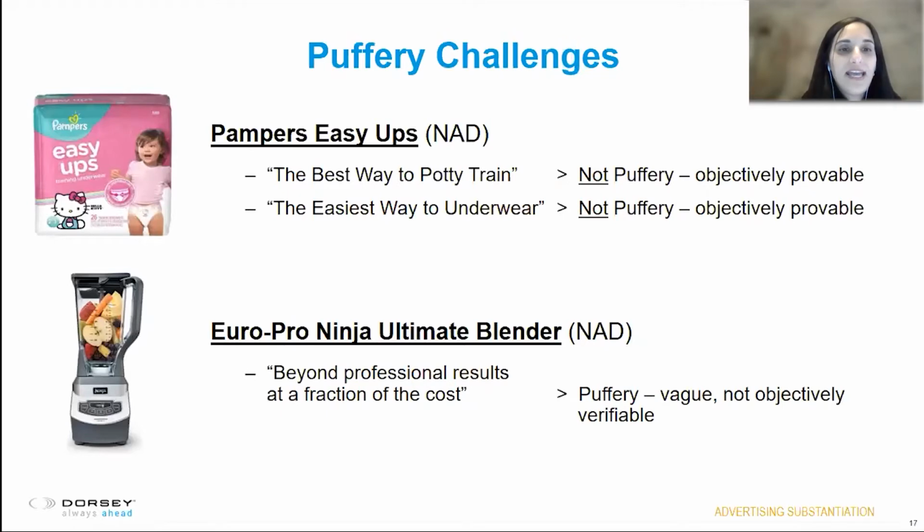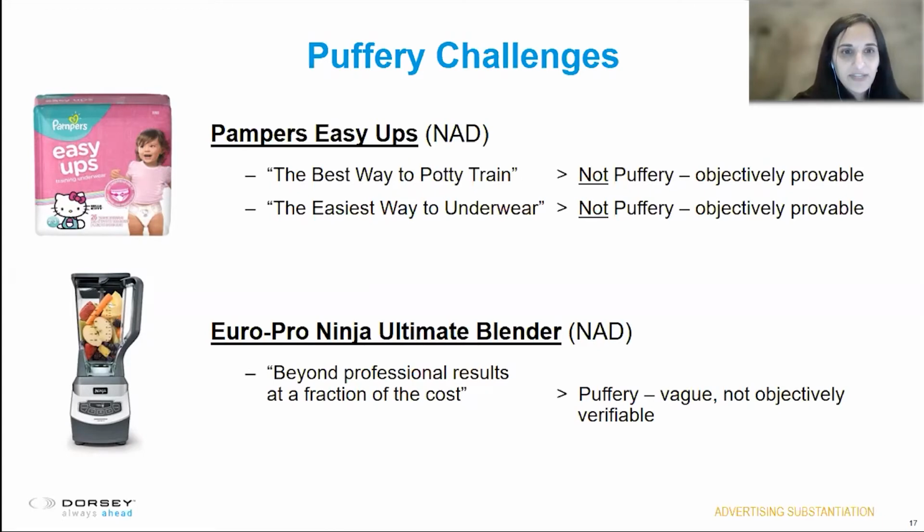All right, some examples, and yeah, we're back with diapers. They've got some great examples for us. Pampers Easy Ups, another NAD case. The maker of Pampers used "the best way to potty train" and "the easiest way to underwear," and it was challenged. The advertiser said these are puffery, you can't possibly prove them. The NAD didn't agree.